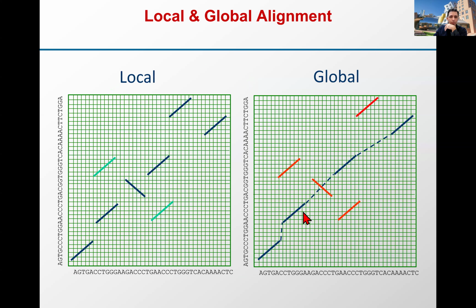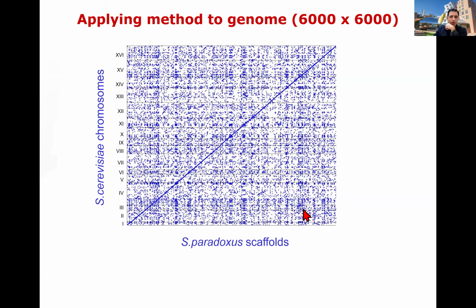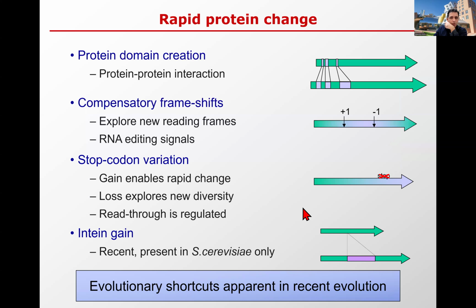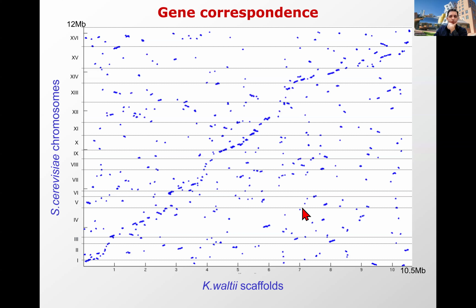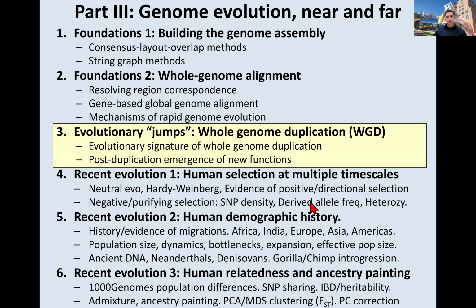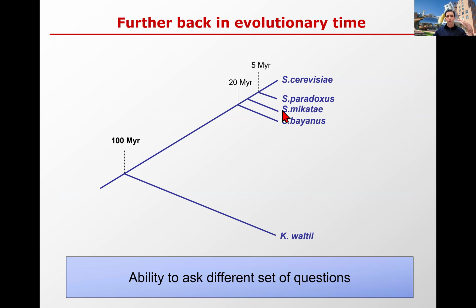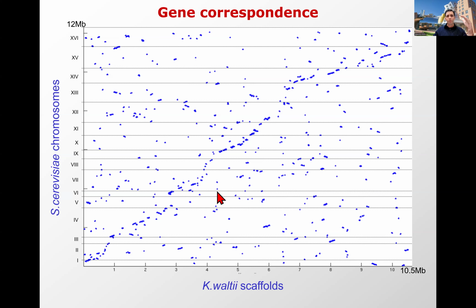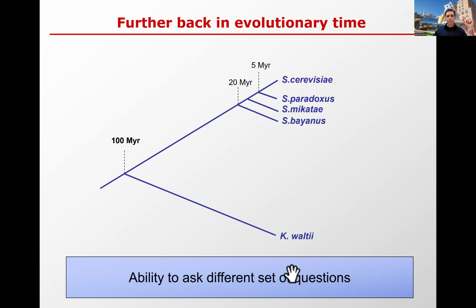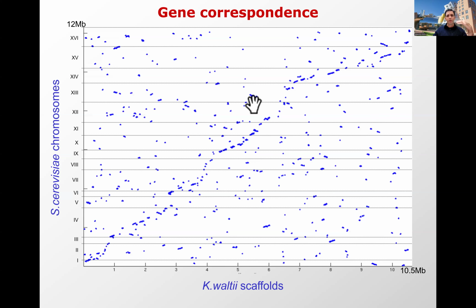I'm not going to talk about how we build alignments or how we infer these, but I will tell you about this very strange phenomenon where if you compare the genomes of 4 closely related yeast species, you end up with more or less a straight line. But with that 4th species here, you end up with a broken up line.